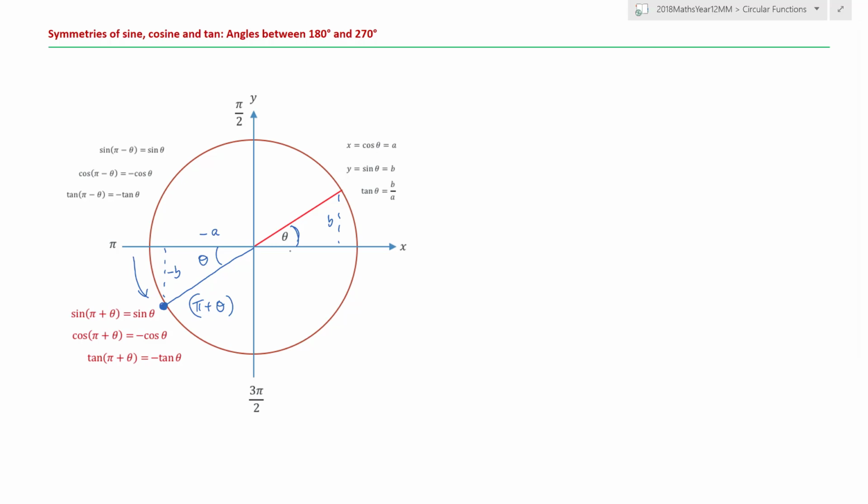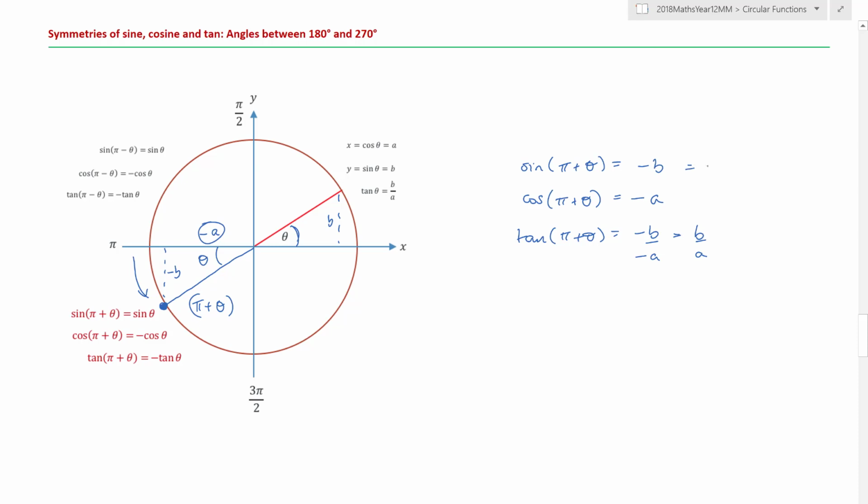So I can now use this information to say, well, we know that cosine of pi plus theta, well, cosine is equal to a horizontal distance, that's equal to minus a, because we've got my horizontal distance here. We'd know that sine of pi plus theta would be my vertical distance, which would be minus b. And then I would know that tan of pi plus theta would be sine, minus b on minus a, which is b on a. But again, we can go back to what we actually said a moment ago.